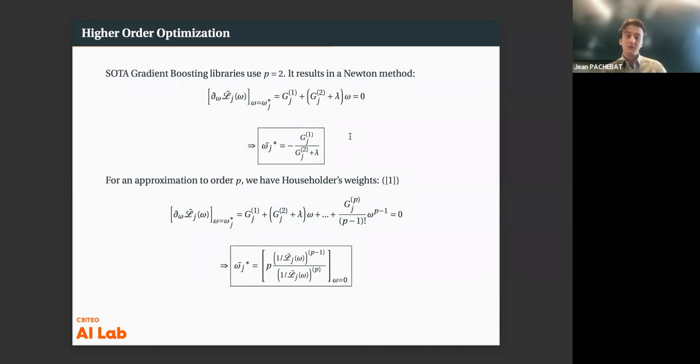However, what we can do is go further into the approximation of the loss, and we can use Householder's method, which comes from optimization theory, and is a formula to find the zero of a polynomial of order p.